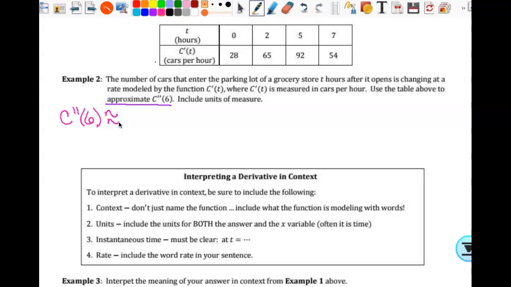6 fits in right here. So I'm going to find between these two, right? Using between 5 and 7 is way more accurate than between 0 and 7, right? And so this is going to be c prime of 7 minus c prime of 5 over 7 minus 5. Then that's going to give me 54 minus 92 over 2. 54 minus 92 is negative something, right?